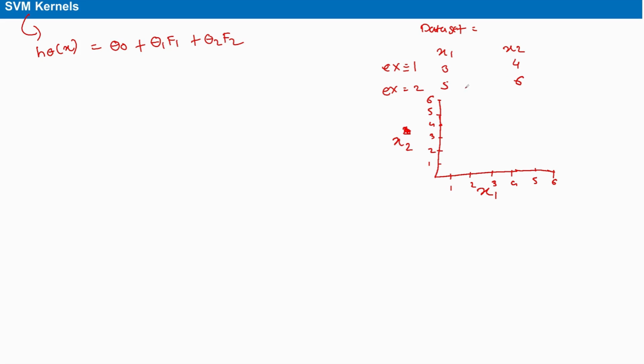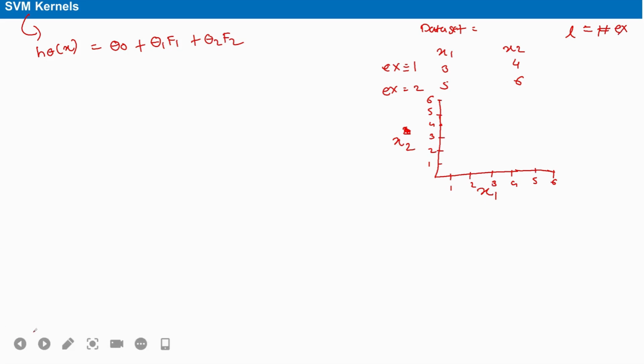It will create landmarks equal to the number of examples. Here in the dataset we have two examples, so it will create two landmarks.